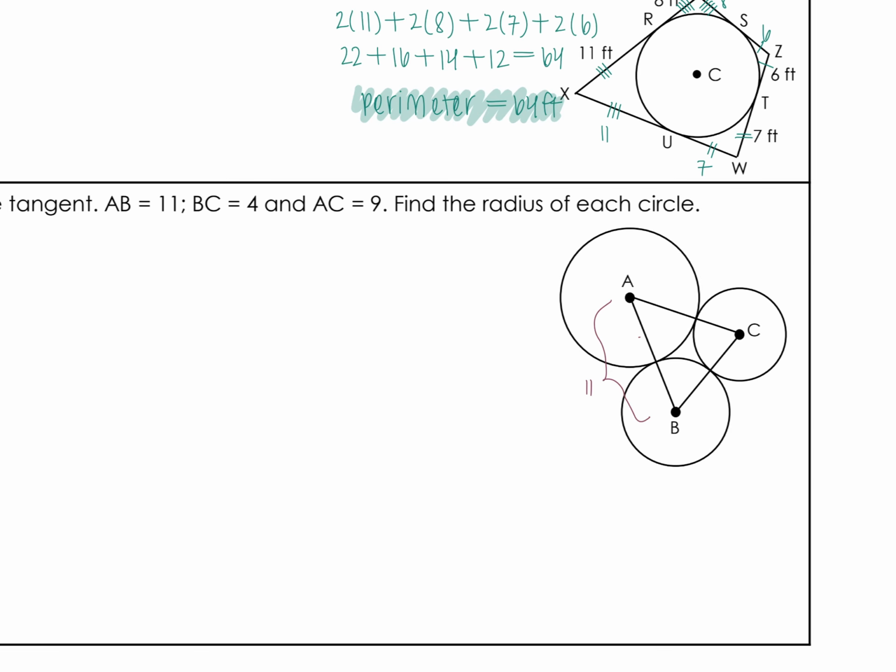Okay, I can note here that these are all going to be a radius, and so therefore these are all going to be congruent. All right, we also know that BC is going to have a length of 4. And AC is going to be 9.